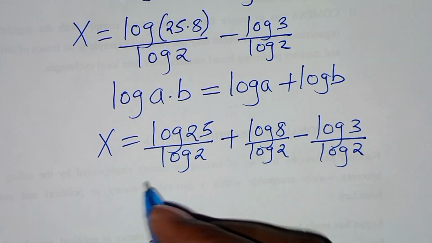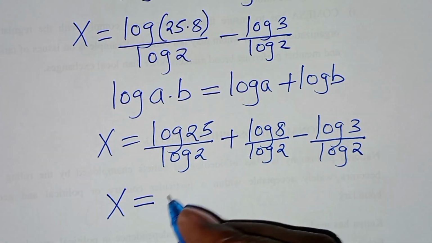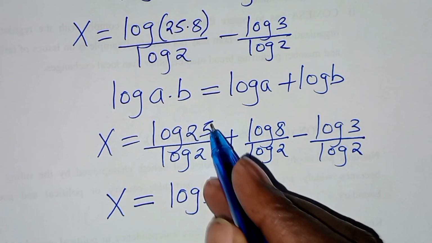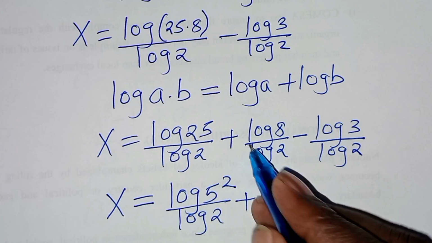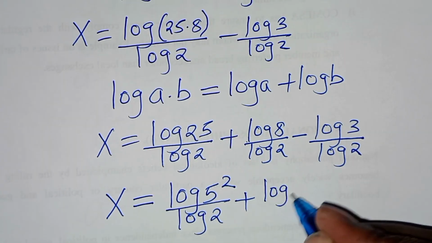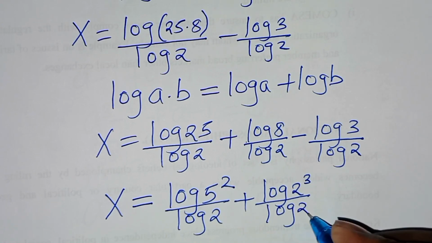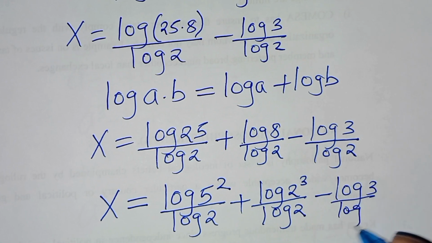So from here, we have that x is equal to, we can express log 25 as log 5 squared, since 5 squared is the same thing as 25, divided by log 2. Then plus log 8 can be expressed as log 2 to power 3 divided by log 2. Subtract log 3 divided by log 2.